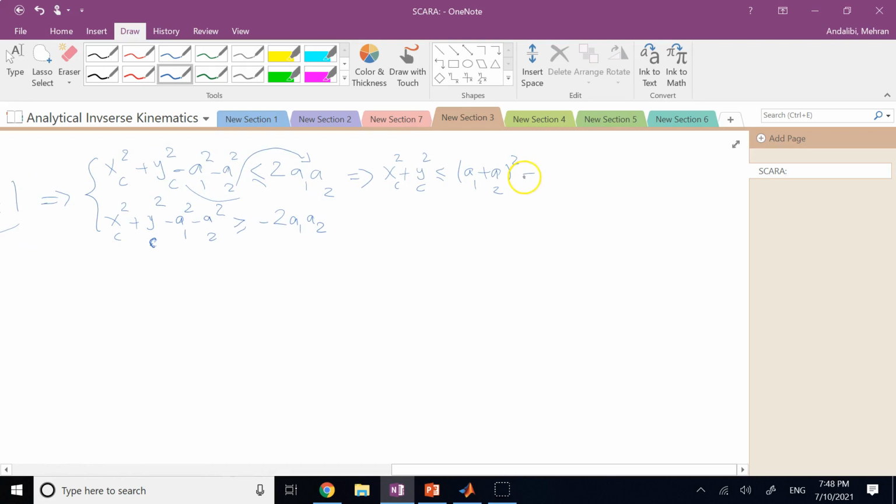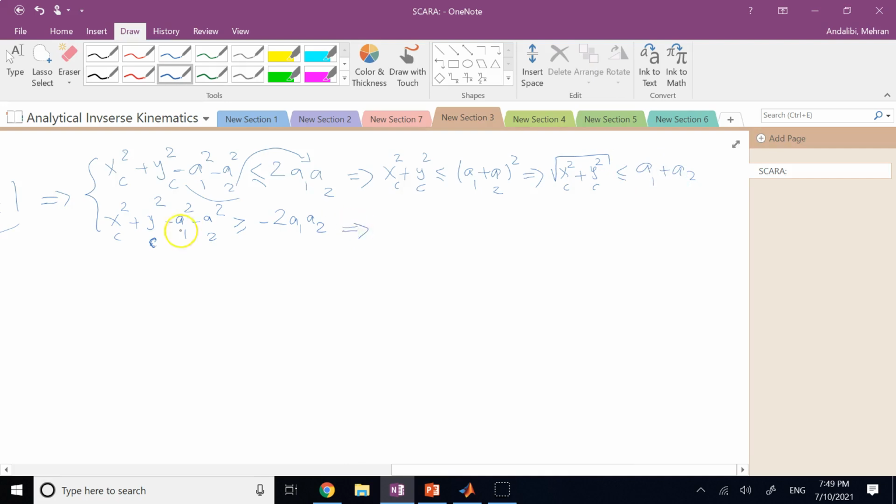And so you see that the distance from the end effector to the origin has to be less than or equal to what? a1 plus a2, the radius of the big circle.